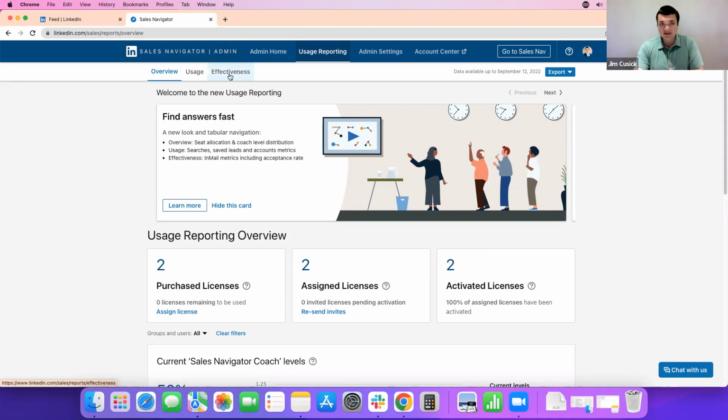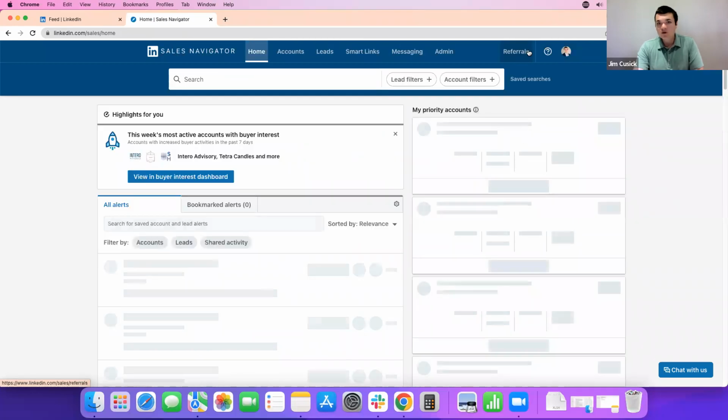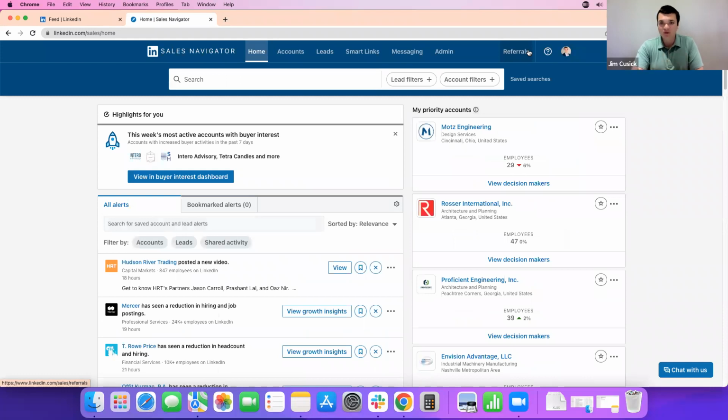Usage, effectiveness, that's all right here. However, while LinkedIn is very strong at building a good product, they don't use the product how salespeople use it every day. Their customer success teams are training buttons, not strategies.